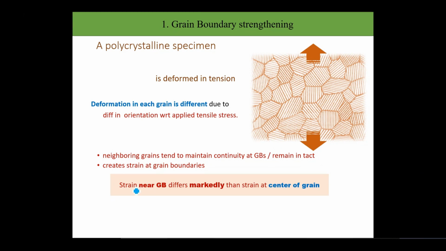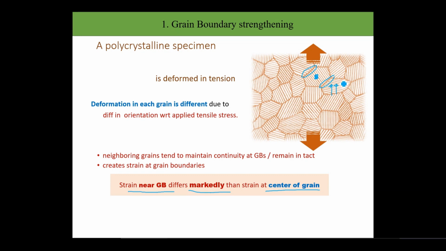Now, strain near the grain boundaries differs markedly from the strain at the center of the grain. Since ग्रेन बाउंड्रीज पे एक दूसरे को पकड़ के रखना है, the strain at the grain boundaries would be sufficiently high as compared to the strain within the center of the grain.